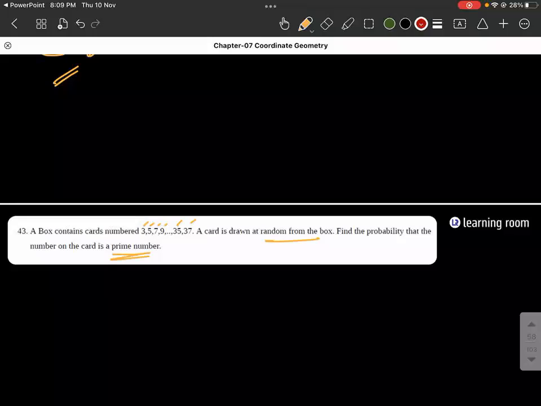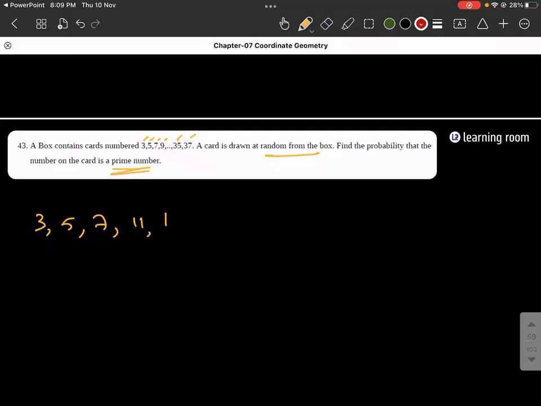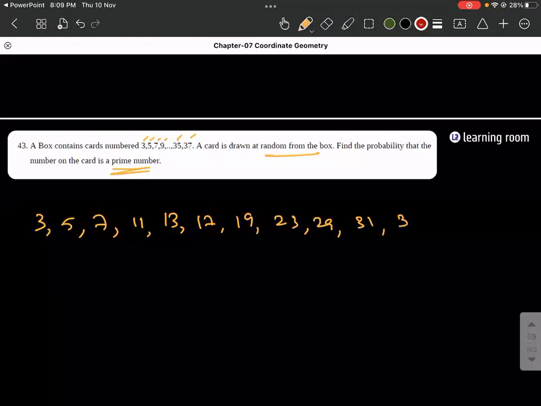So among those numbers, how many prime numbers do you have? Can you tell me the numbers? 3, 5, 7, 11, 13, 17, 19, 23, 29, 31 and 37.